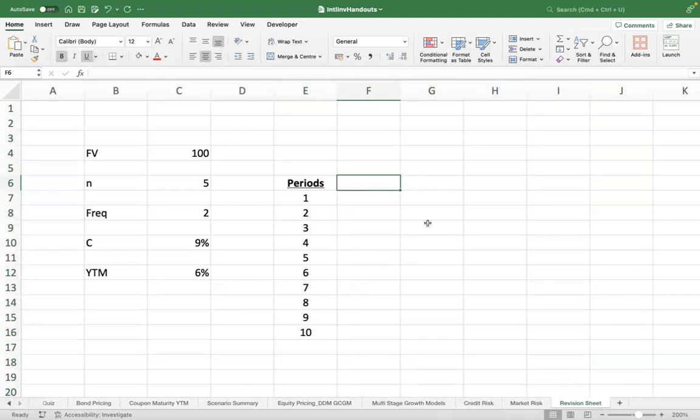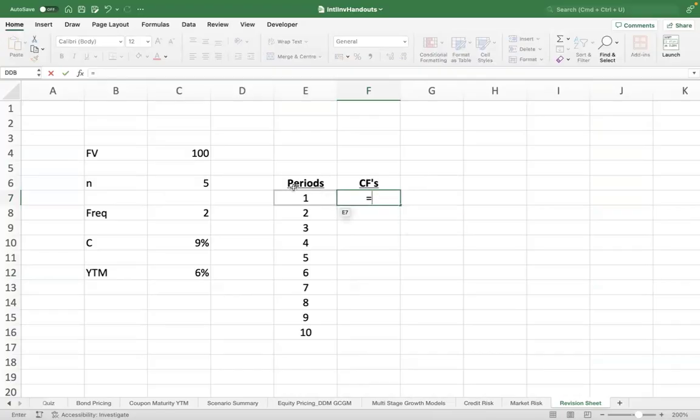Uske baad, I am going to write down the cash flows. What are the cash flows? $100 each into 9% coupon divide by 2. Because the same coupon has to be paid twice a year. And this remains as it is for all the periods for the bond.